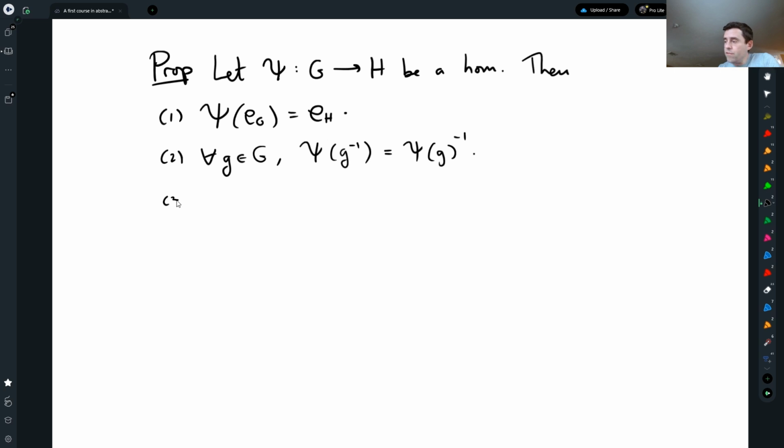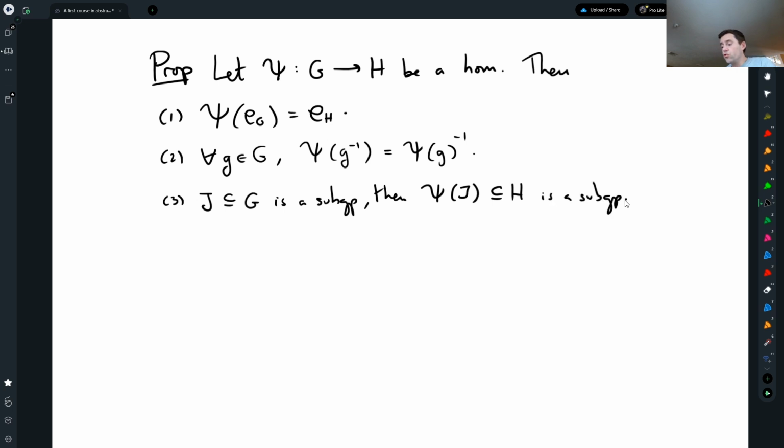We also have that now if J is a subgroup, then psi of J, the subset that you get when you send all of J over, is a subgroup of H. And now that starts to be interesting, because when we know one group, so if we know the subgroups of G, I can send them over and find subgroups of H. Not all of the subgroups, but a number of subgroups.